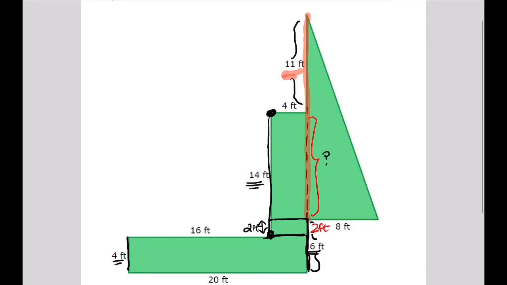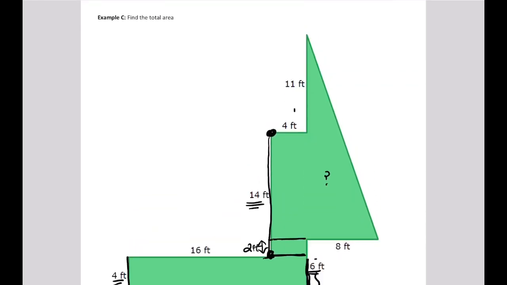If it's 2 feet from there to there, what does that mean this has to be? Let me erase some things here. We know that from here to here, it's 14, and we know that that's 2.